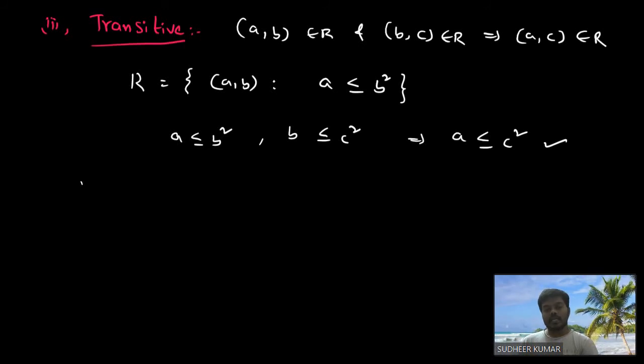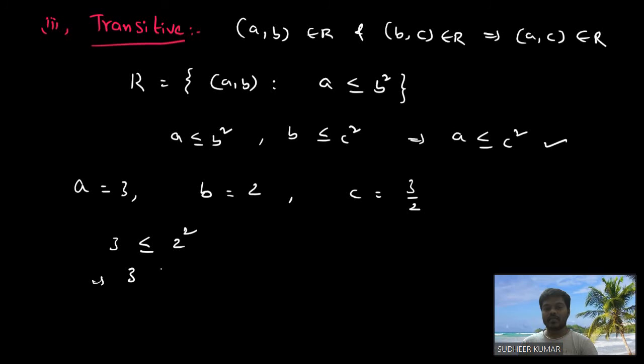So let us take a is 3, b is 2, and c is 3 by 2. You can take any values which show that it is not transitive. So a less than or equal to b square. The first case is 3 less than or equal to 2 square, so it is satisfied, 3 less than or equal to 4.